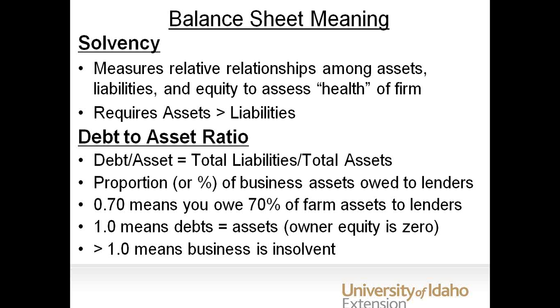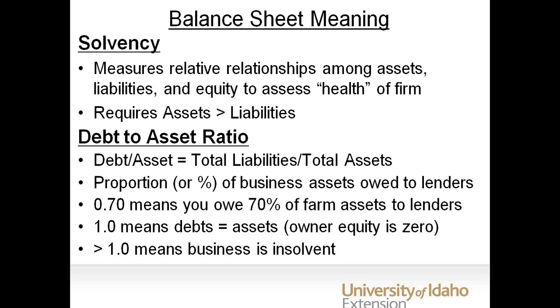Another area you can get off the balance sheet is solvency. Solvency measures basically what's really going on here: if I cash out the whole business, do I have a solvent business? It just compares the total assets and total liabilities.